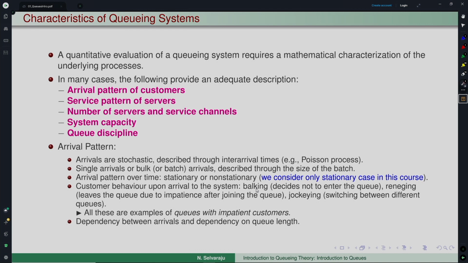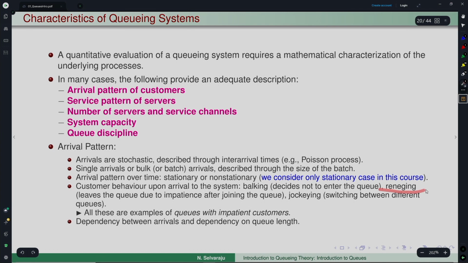Now, suppose you join the queue. For some reason you decided to join the queue and you wait for some time, and after some waiting you lose your patience, and you say, okay, now I cannot wait anymore, I am going to exit the queue at this stage. That phenomenon is called reneging.